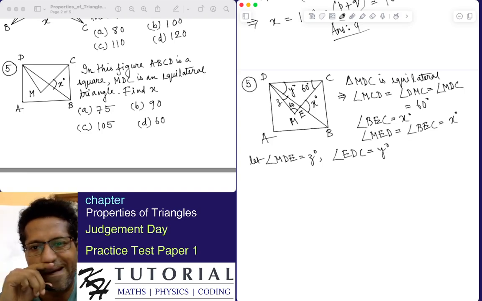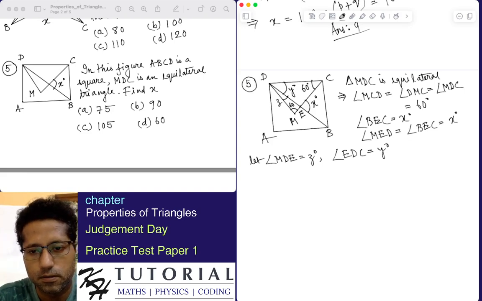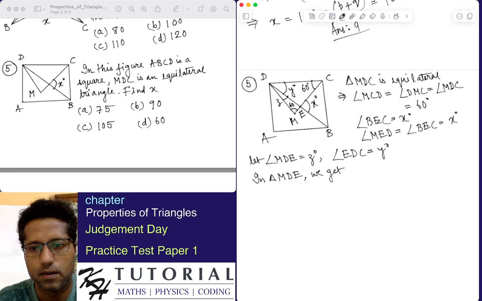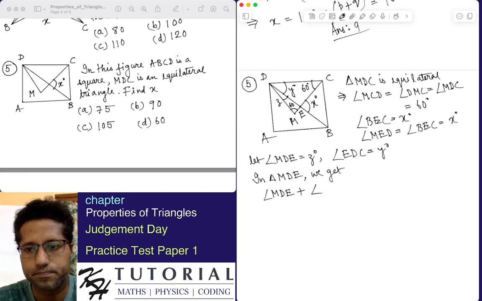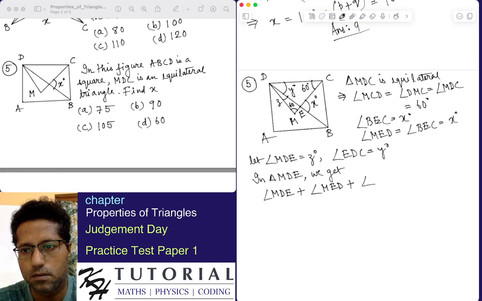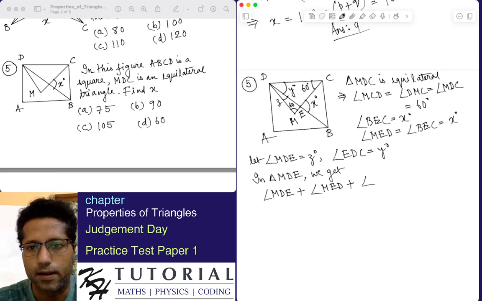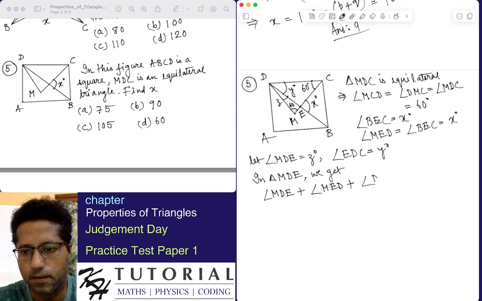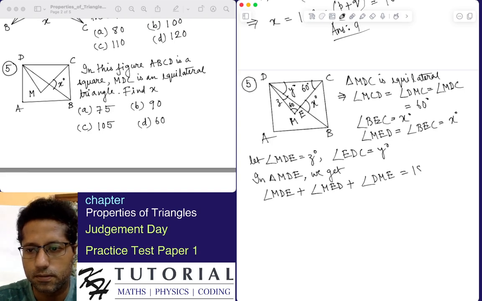Now, in triangle MDE, by the sum of the angles being 180 degree, we get angle MDE plus angle MED plus angle DME is equal to 180 degree.